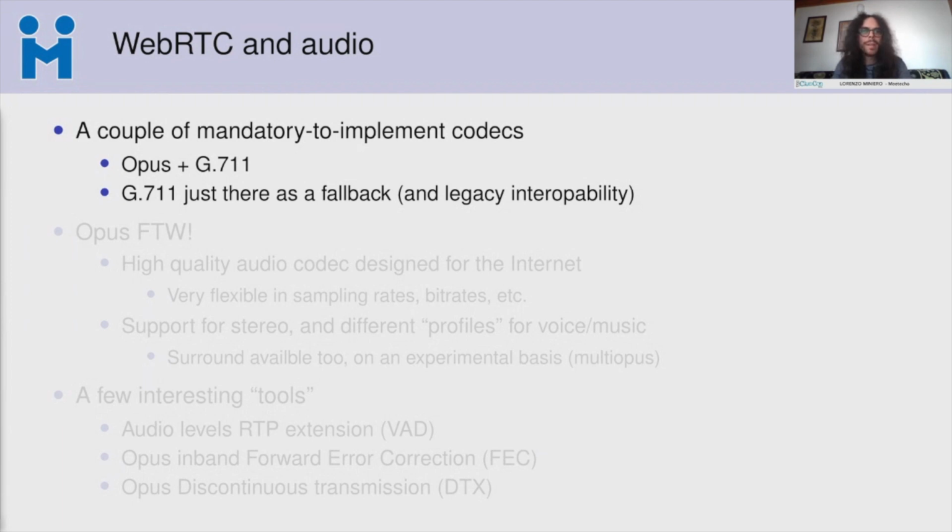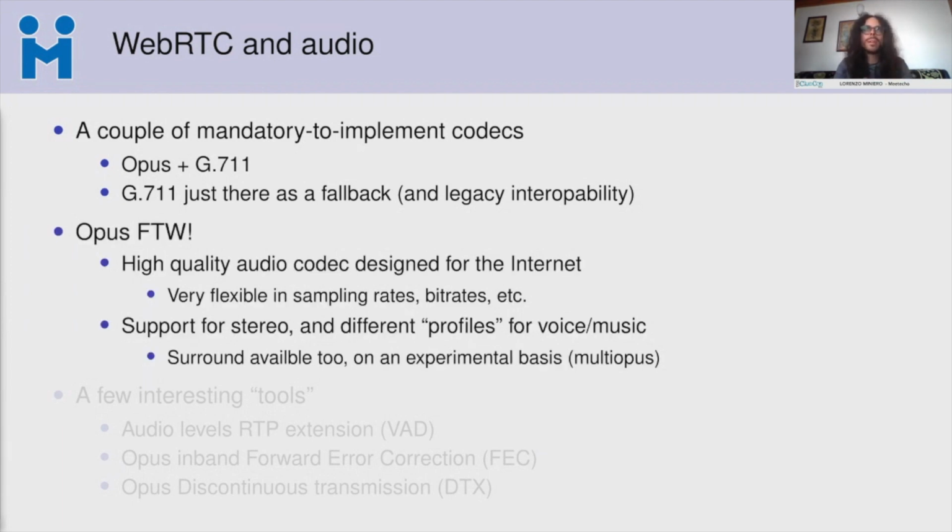But most importantly, Opus, which is a high-quality codec that was specifically designed for the internet, unlike codecs that were quite widespread in the past also in VoIP, which means that it was conceived to be very flexible in terms of sampling rates, bit rates, and so on, while keeping the negotiation simple.